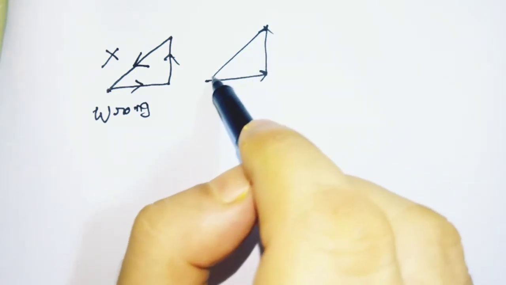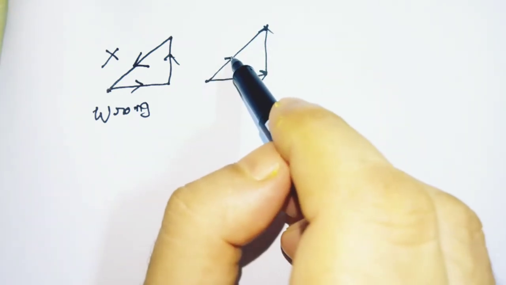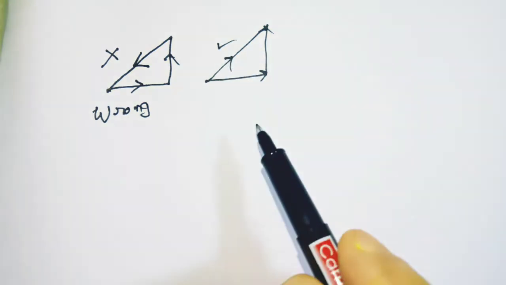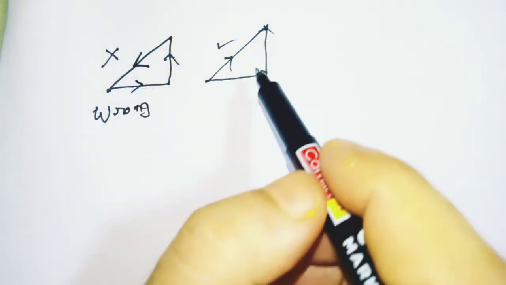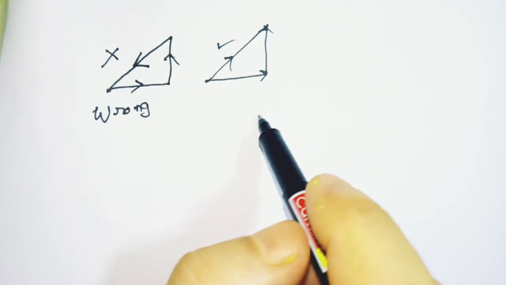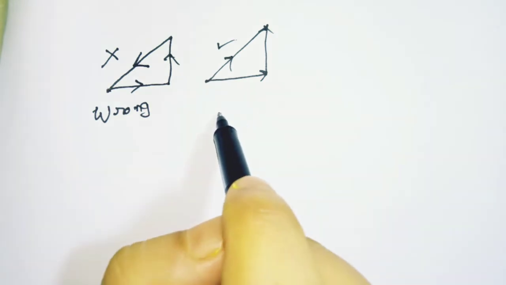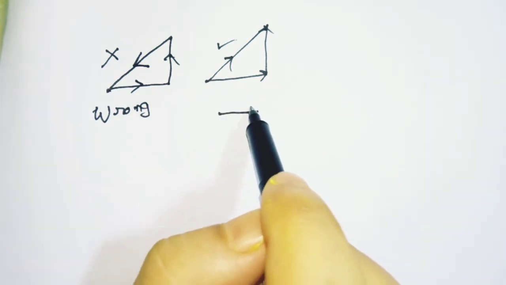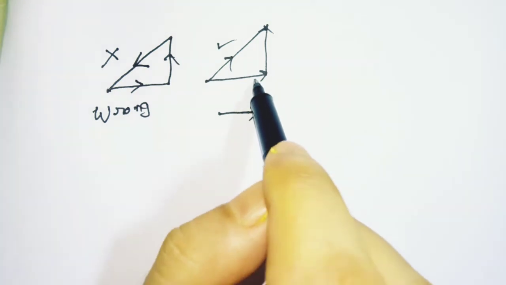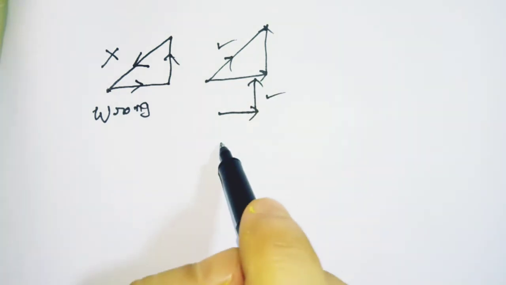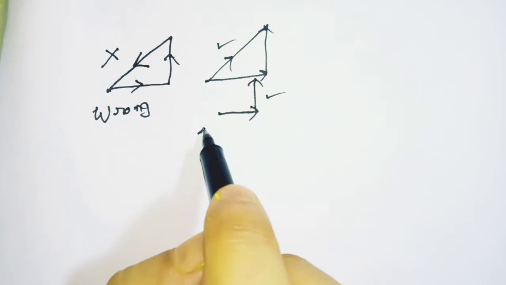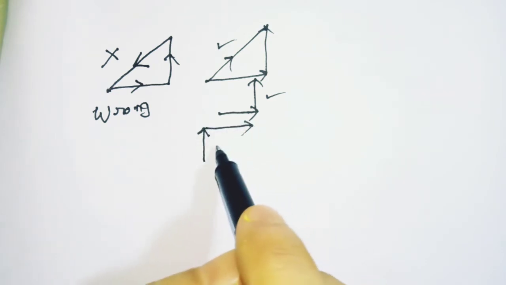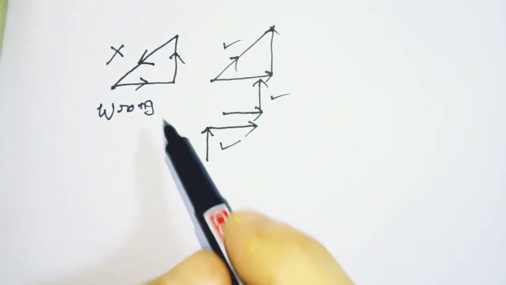Then I will put a resultant vector, or the hypotenuse, in the direction of this. So this is right, and this is wrong. We can use this method: for example, I am adding this tip to the tail, so this is fine. And if I want to add this tip to the tail, then this is also fine. But this is wrong.